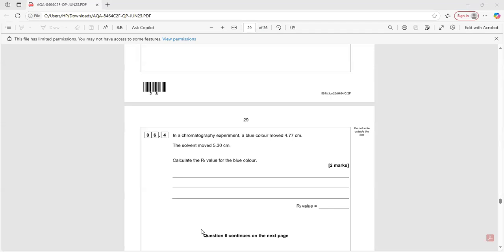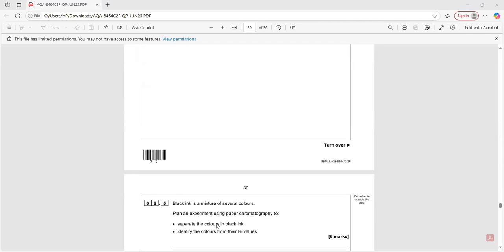In the RF value, you divide the distance traveled by the component by the distance traveled by the solvent. So yes, that's correct. So we're going to divide 4.77 by 5.30. What does that give you on your calculator? 4.77 divided by 5.30. 0.9. 0.9. All right, thank you.